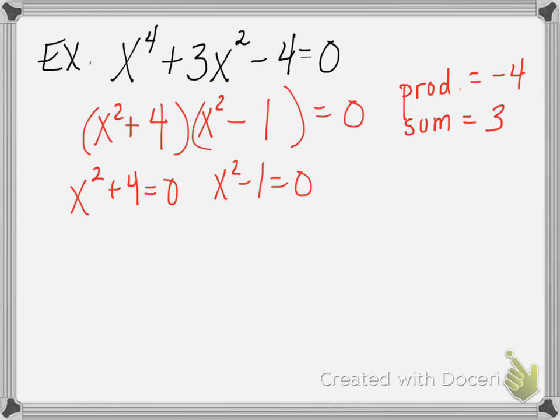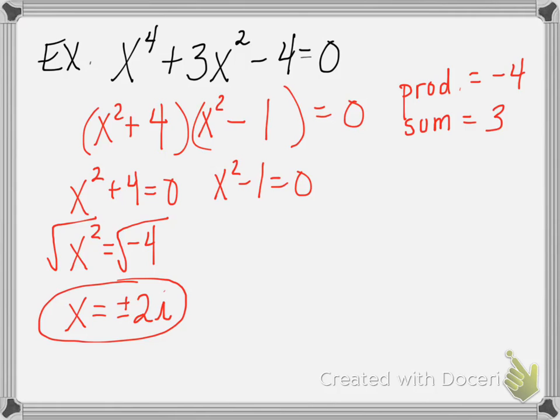Okay? Now the reason this one's a little bit different is, now watch. When I subtract 4 from both sides, I get negative 4. And when I try to take the square root, you can't take the square root of a negative, so you have to factor out the i. And then the square root of 4 is 2, so I get plus or minus 2i for this one.